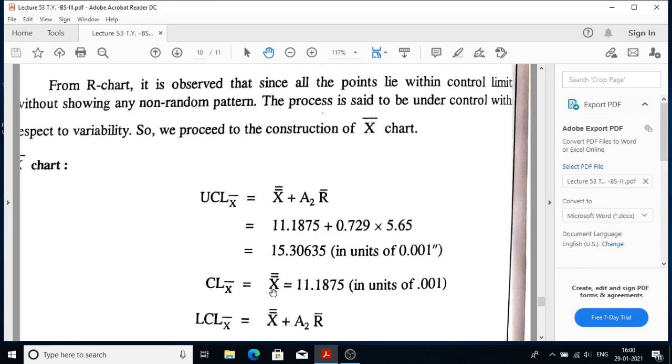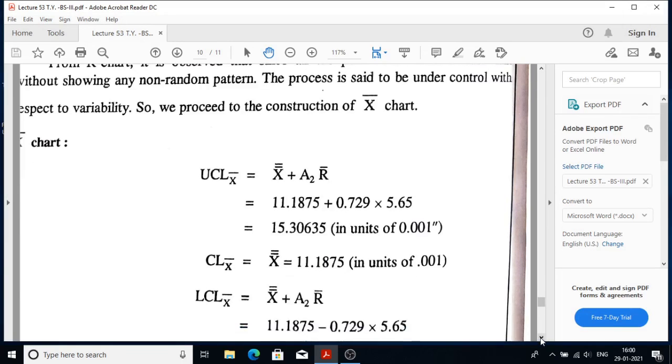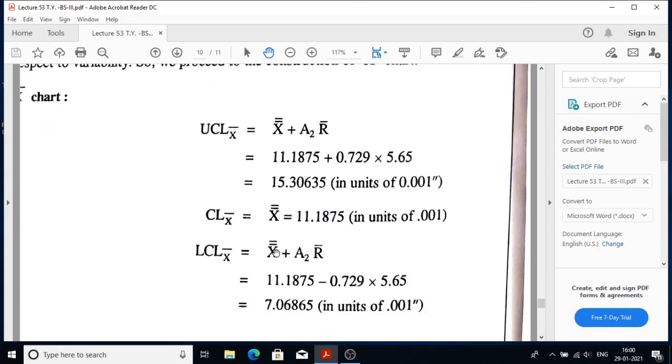Central line is nothing but X double bar, which is equal to 11.1875, and lower control limit is nothing but X double bar minus A2 R bar. This is printing mistake here. It should be minus A2 R bar. So 11.1875 minus 0.729 into 5.65. The final answer is 7.06865.